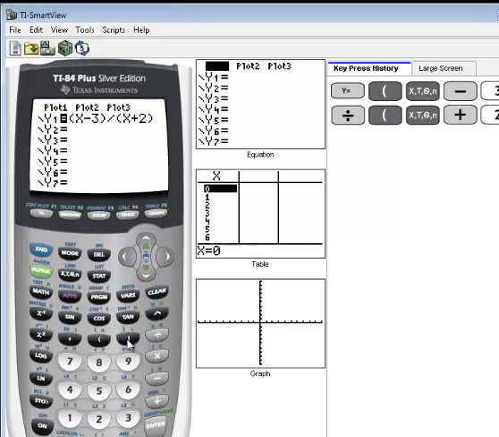Make sure you encapsulate the numerator and denominator in parentheses so the calculator knows that these expressions are all part of the rational expression. Once you have this in the Y editor, click on the graph button at the top right to see the graph of this function.